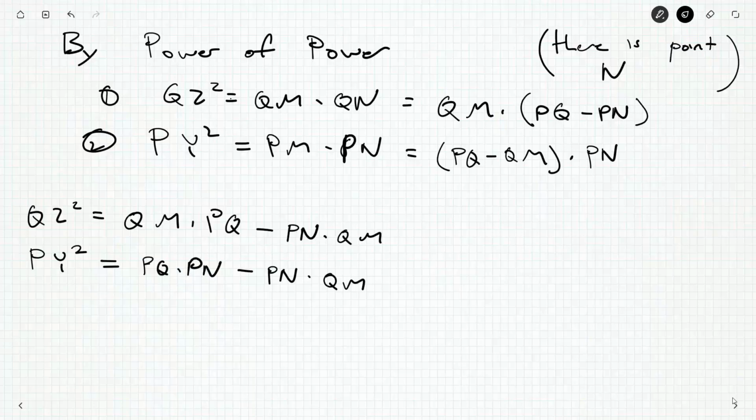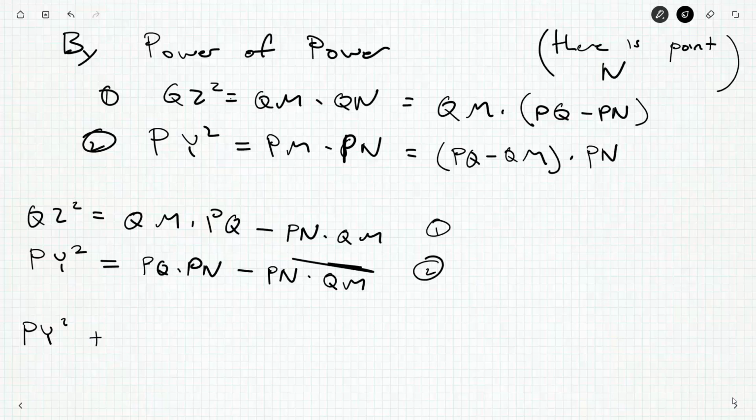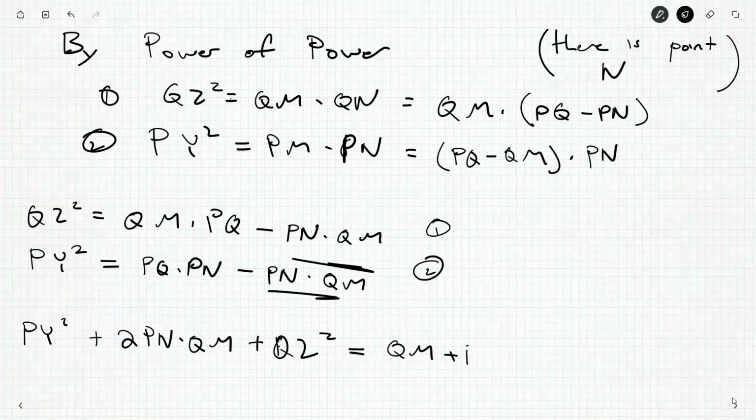If I bring these guys together, so that's still 1, that's still 2. Let's add these together. So PY squared, I'm going to bring these guys over to the other side, plus 2PN QM plus QZ squared is equal to QM plus PN all times PQ.